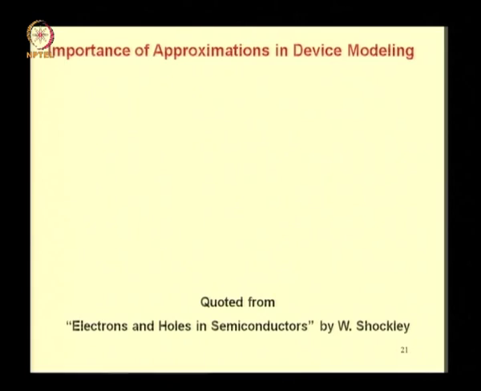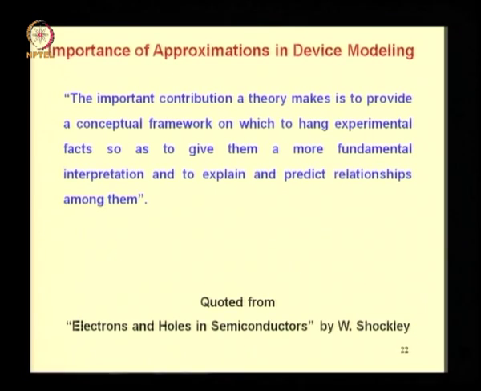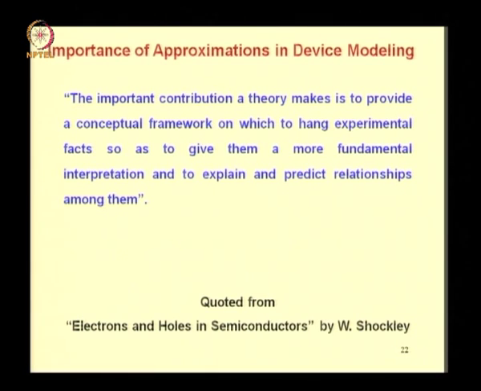Here is a quote from the book Electrons and Holes in Semiconductors by Shockley. The important contribution a theory makes is to provide a conceptual framework on which to hang experimental facts so as to give them a more fundamental interpretation and to explain and predict relationships among them.